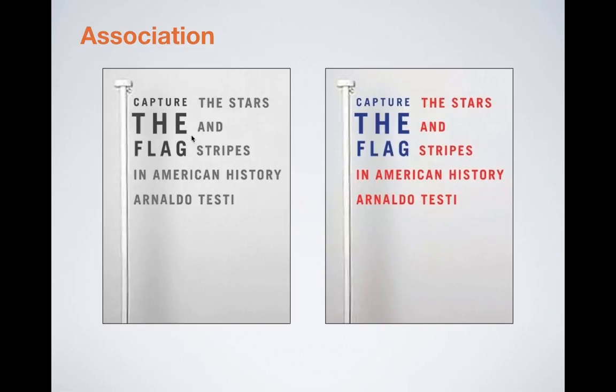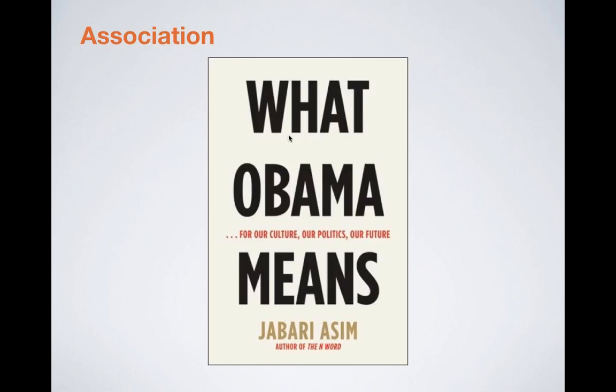And then I took away the color in this example just to show how without that differentiation, it becomes harder to tell how that should be read. It could be Capture the Stars, the and flag stripes, but that makes no sense. And another example from the exploration.